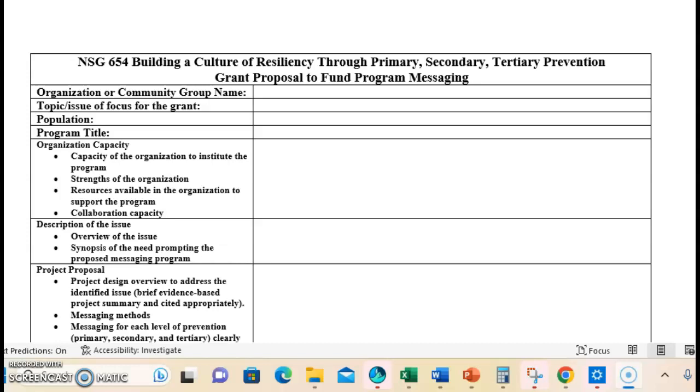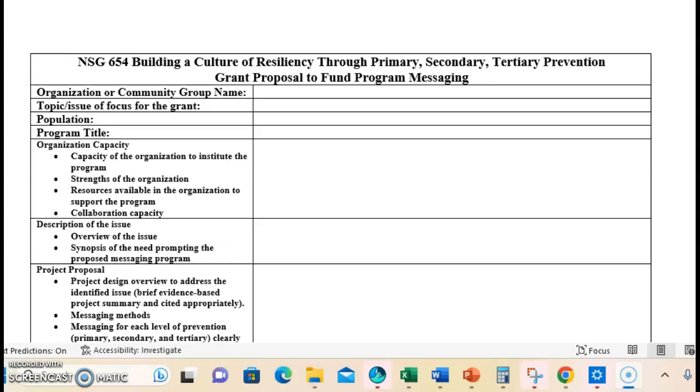So who will be impacted by your project? This may include diabetic youths, this may include rural patients, but who is or will be impacted by your project? You want to provide a program title, and be creative here.